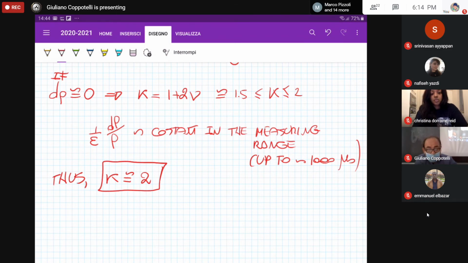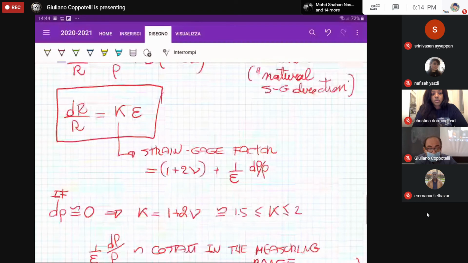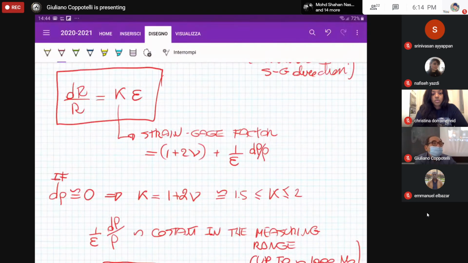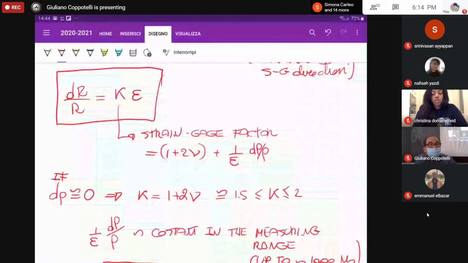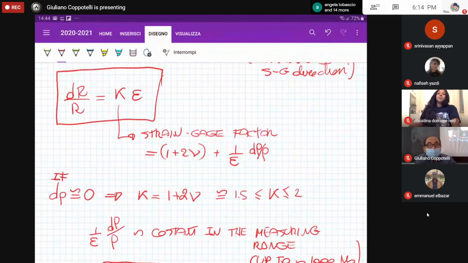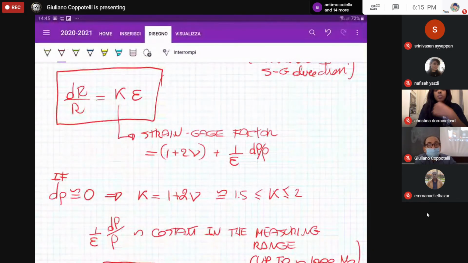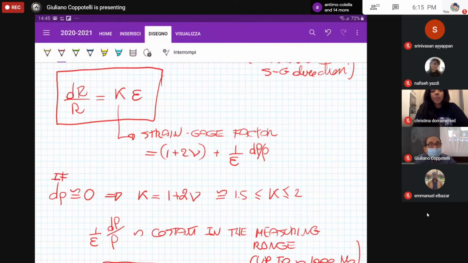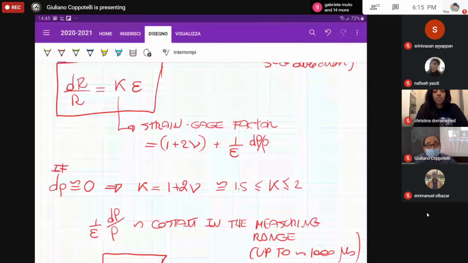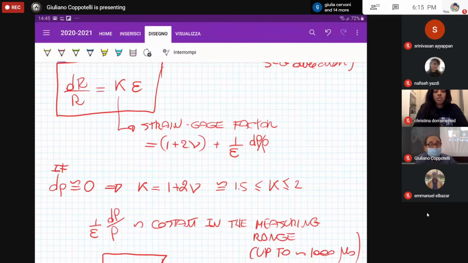So please open your DNA code and insert this new information. When you are dealing with strain gauge measurements, you have to deal with the strain gauge factor. We saw together how it comes up, and that it is in principle a nonlinear factor of the strain measurement.